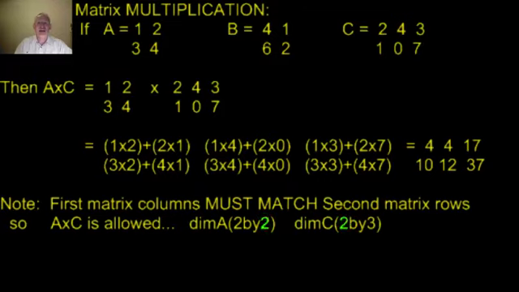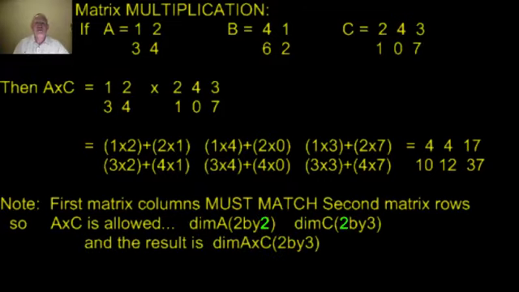And when you multiply A times C like we've done there, we'll get a result of a 2 by 3 matrix. So that matrix on the right hand side, which is 4, 4, 17, 10, 12 and 37, that's the result of multiplying A times C. Now, where did the 2 and the 3 come from?